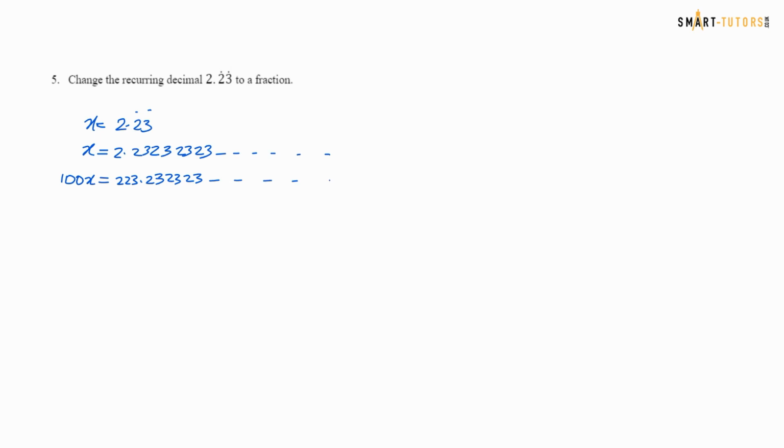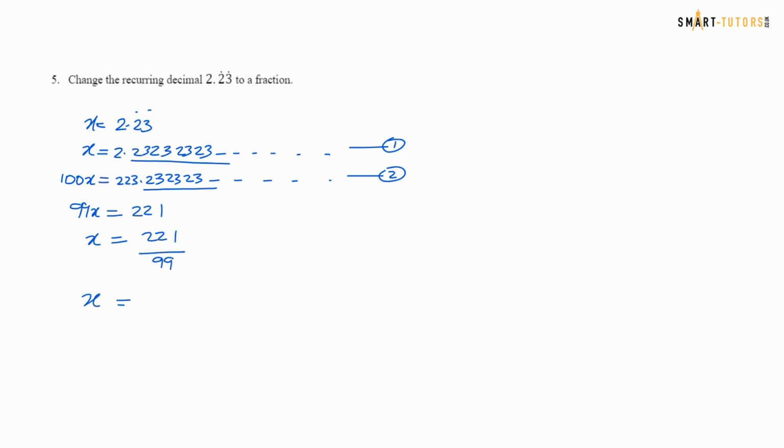223.2323 recurring. The decimal part is the same. So 100x take away x is 99x equal 221. x equals 221 over 99.